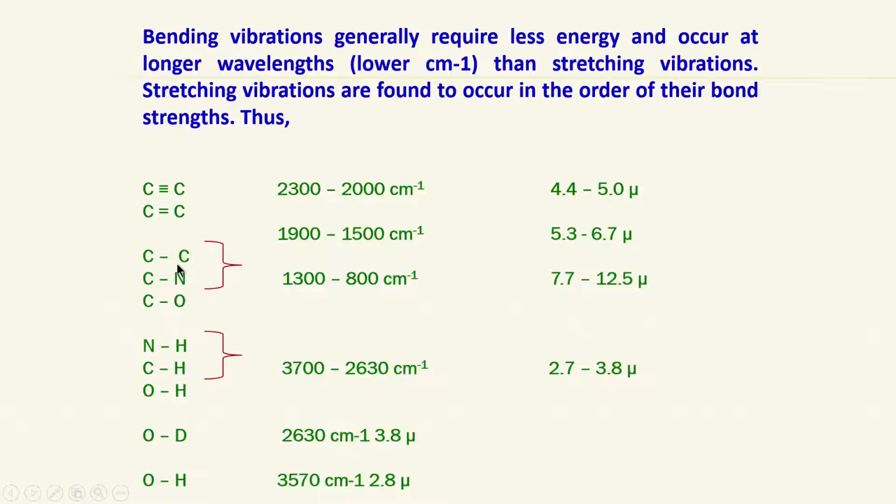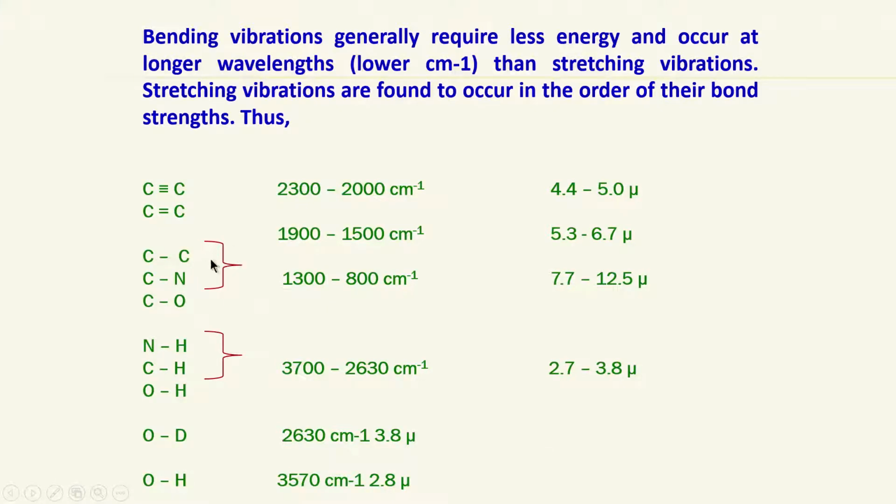Now, look at the same slide, another concept. Here I have three compounds. One is a carbon carbon single bond, one is a carbon nitrogen single bond, and another is a carbon oxygen single bond. Carbon is common here, and here it is carbon, nitrogen, oxygen. The atomic weight of carbon is 12, nitrogen is 14 and oxygen is 16.